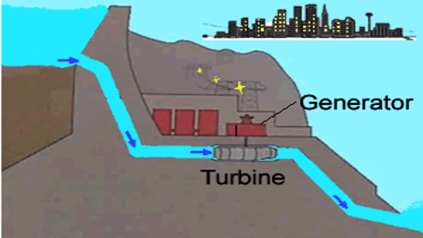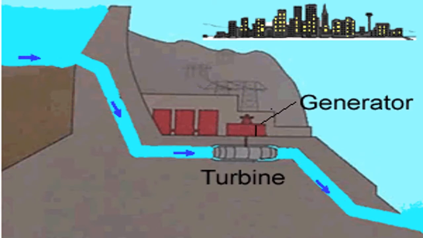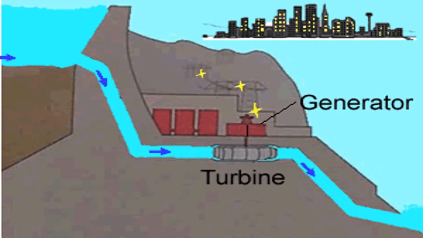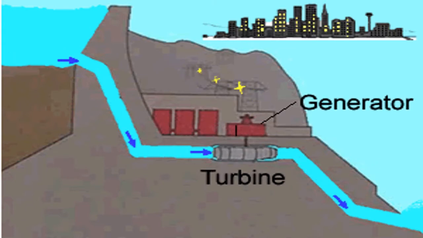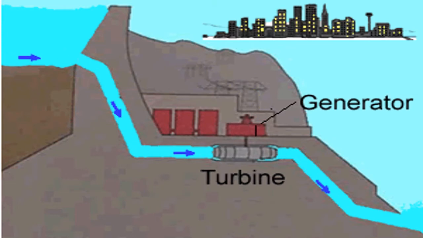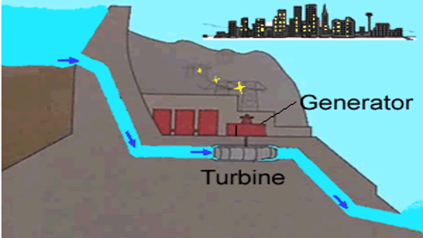Here you can see how it works. Water is released from the reservoir or the dam and flows through a turbine. As you can see over here, in the direction of the arrows, the movement of water makes the turbine spin, which in turn activates the generator to produce electricity.